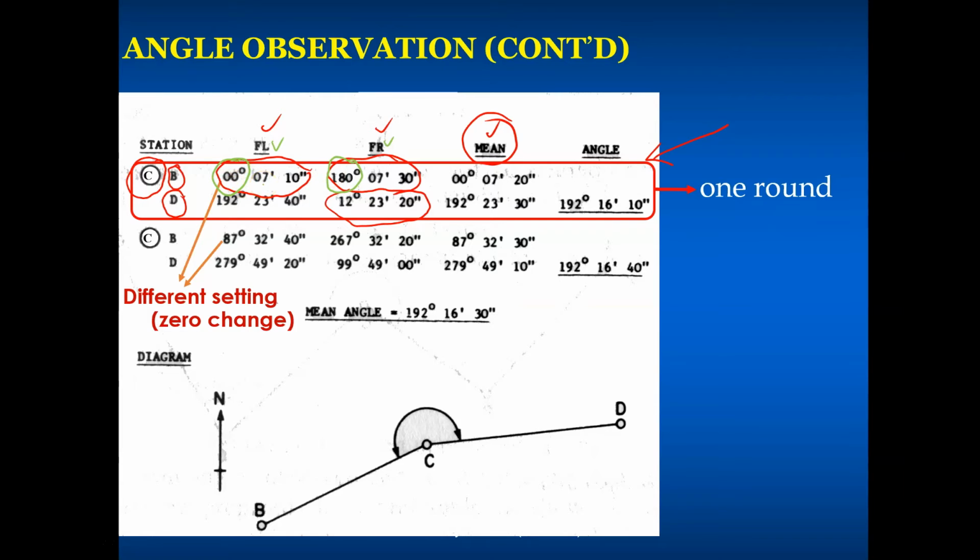The 2 numbers agree, so 0 and 180. So that means there's no gross error in there. So we're going to write down what we observe in left. The number that we put here, the degree, will be the number for the left. Remember, face right here is just for checking.